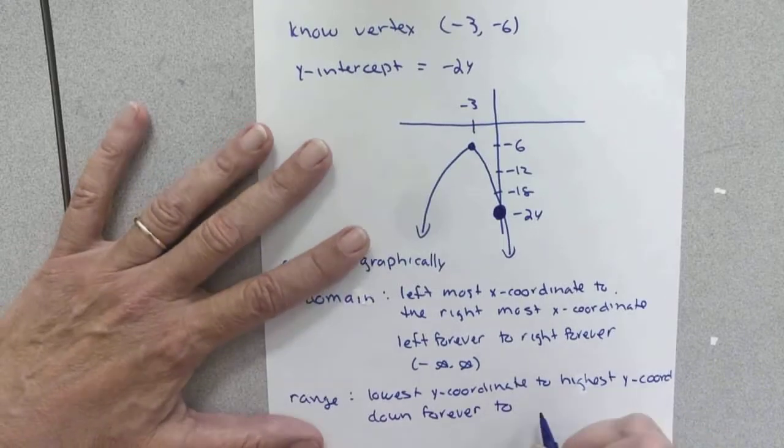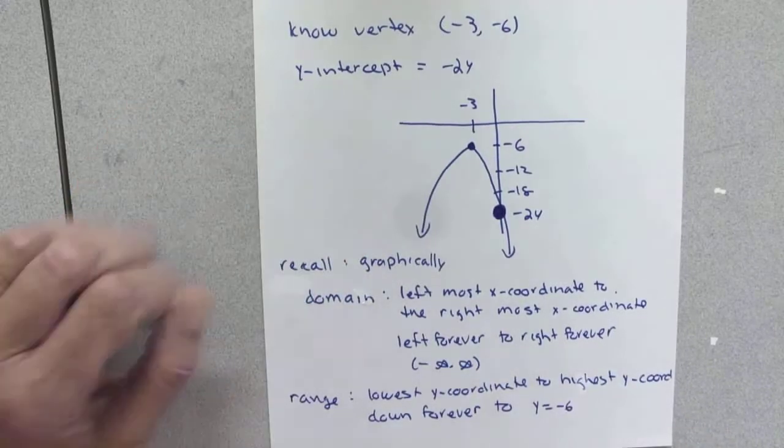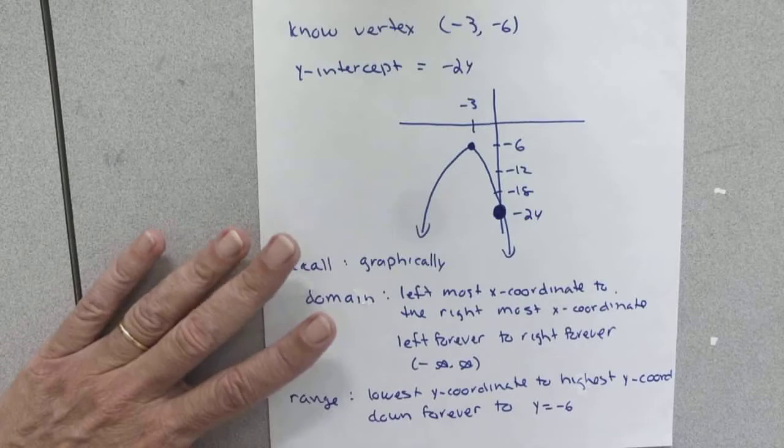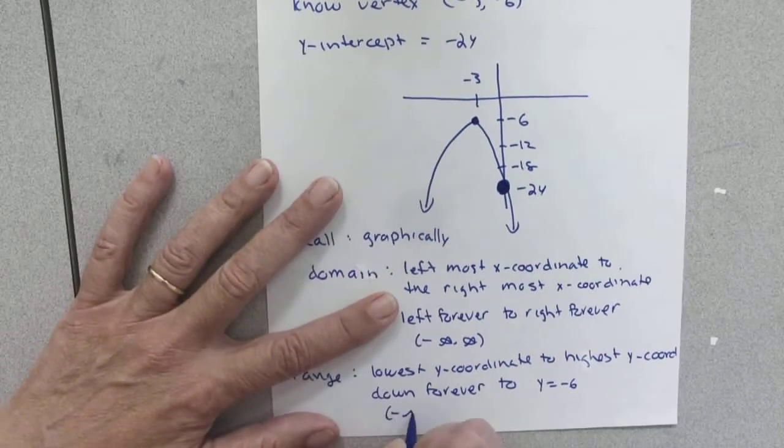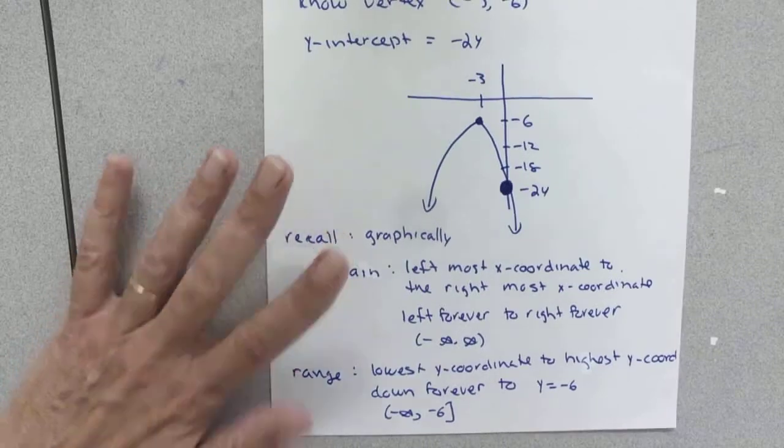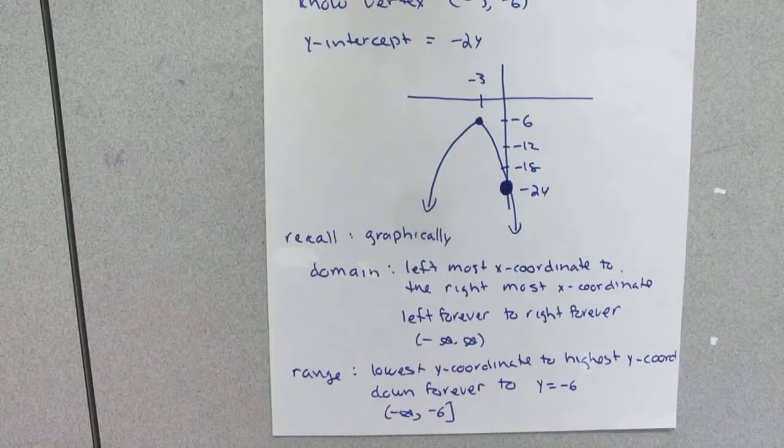And then my highest y-coordinate happened to be y equals negative 6. So my range is going to be negative infinity to negative 6, square bracket on that negative 6, because we have an actual honest-to-goodness y-coordinate of negative 6, so we want to include it. And then remember, infinity and negative infinity always get parentheses. And there's my range.